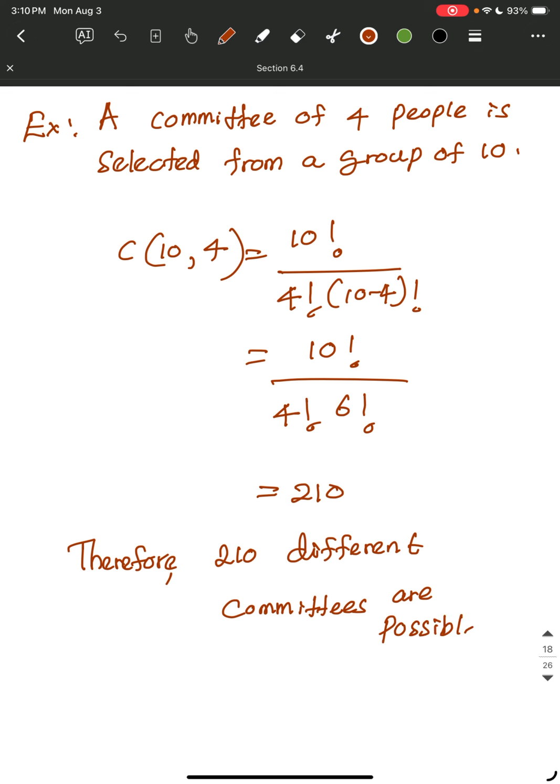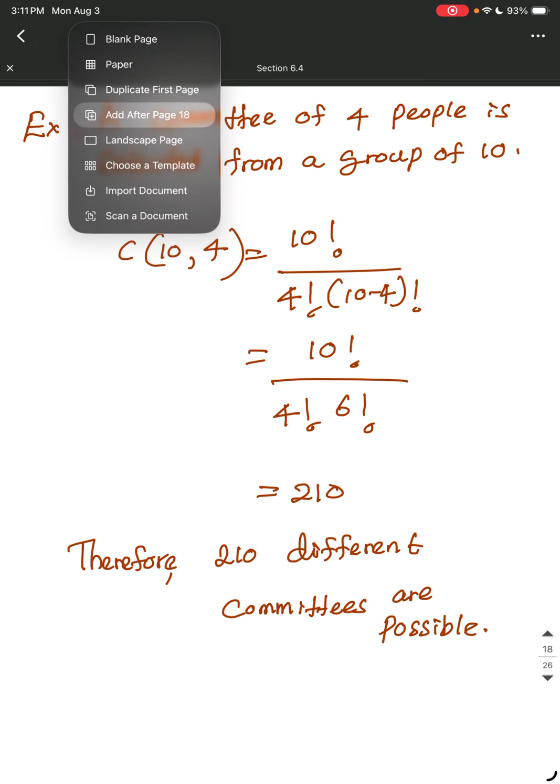Okay, then before using a formula, ask whether changing the order creates a new outcome or not, because we want to identify either permutations or combinations. Okay, let's see. Permutation or combination.